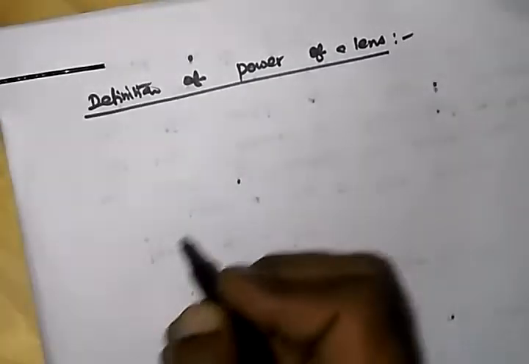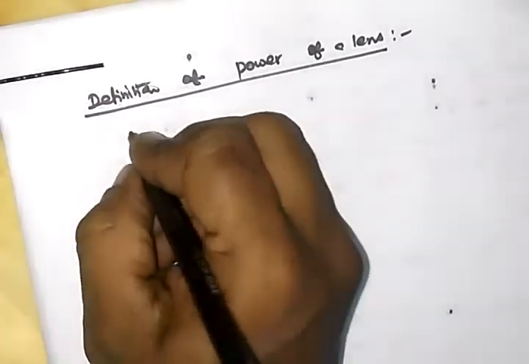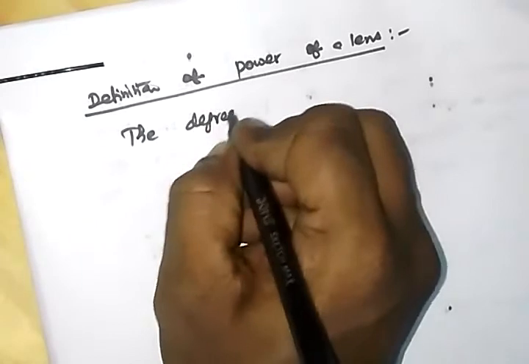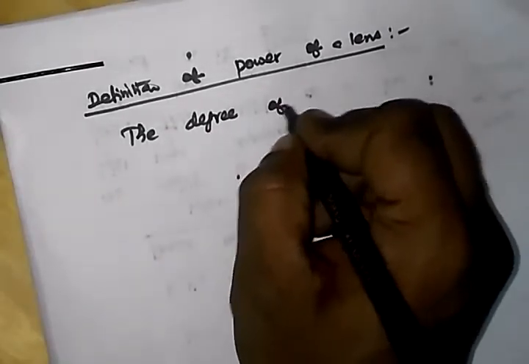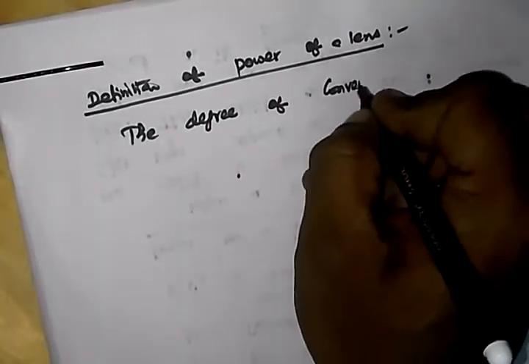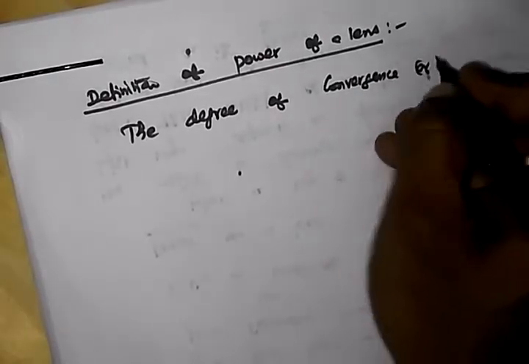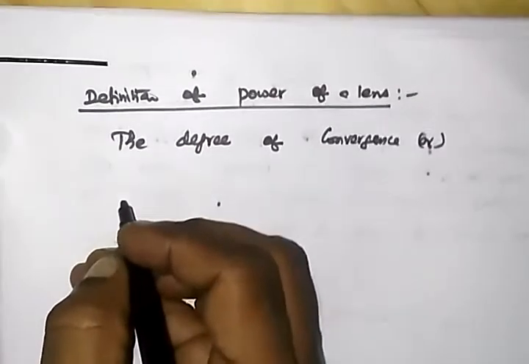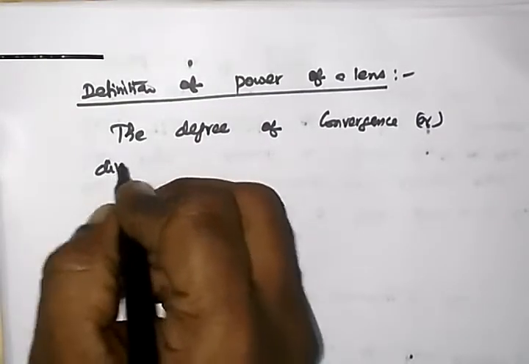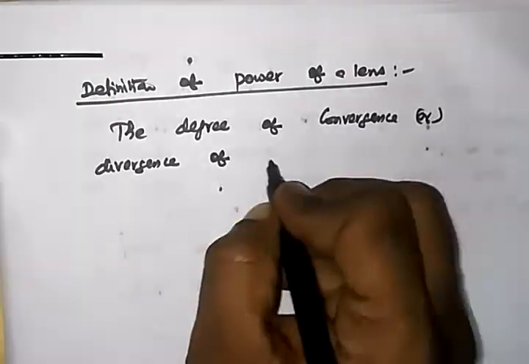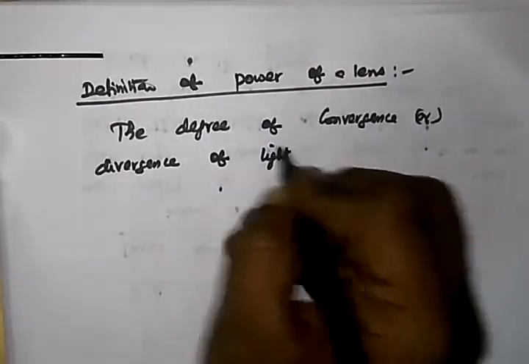What is that? The degree of convergence or divergence of light rays.